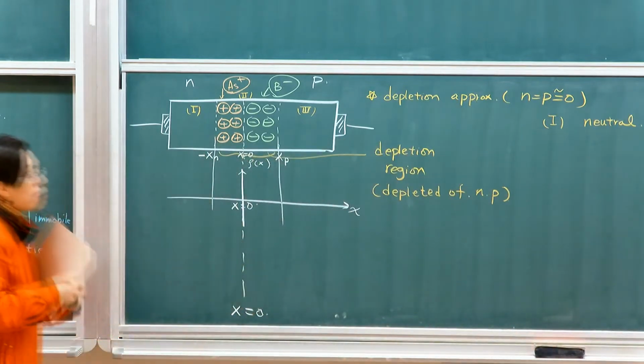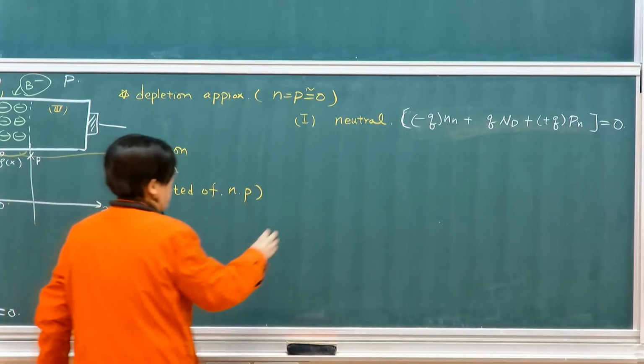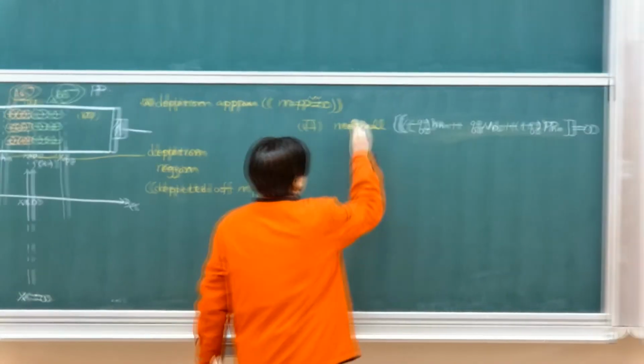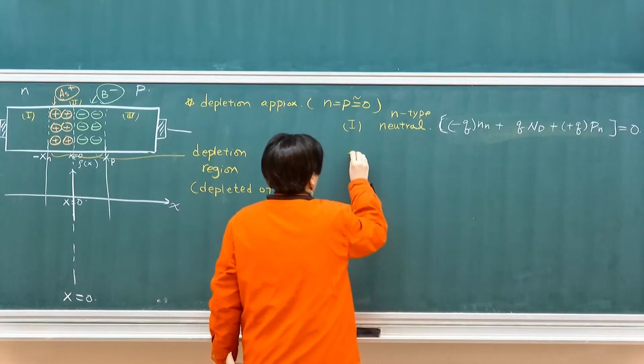This is our charge neutral equation in the n-type region. We call this the n-type neutral region.